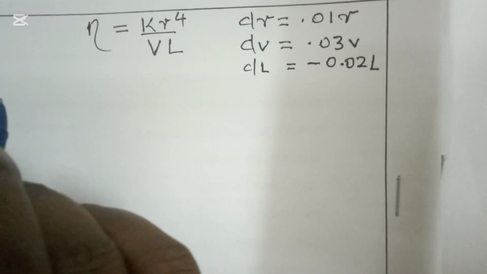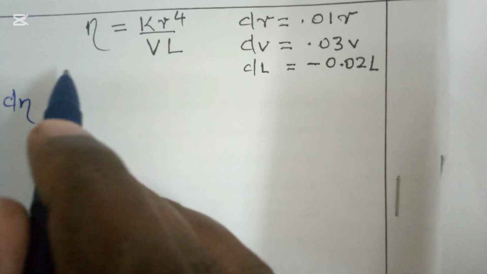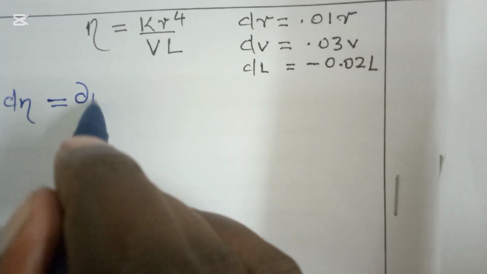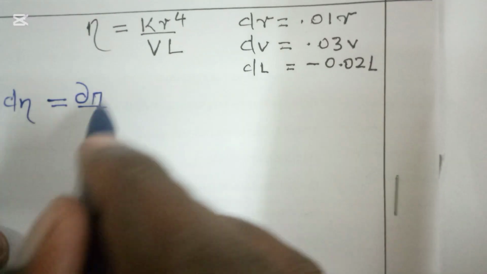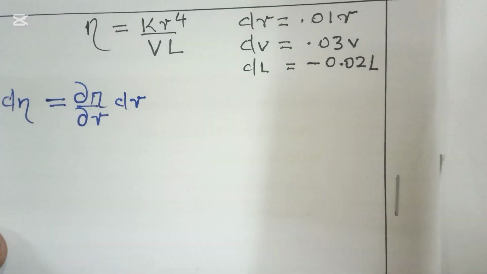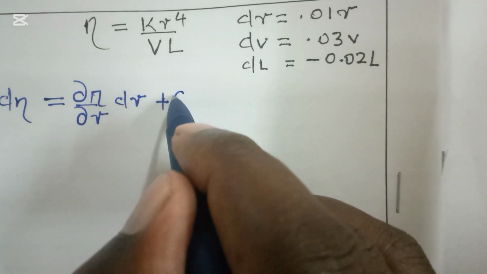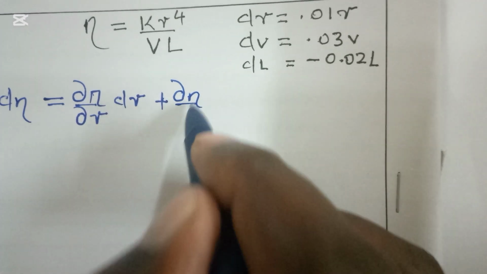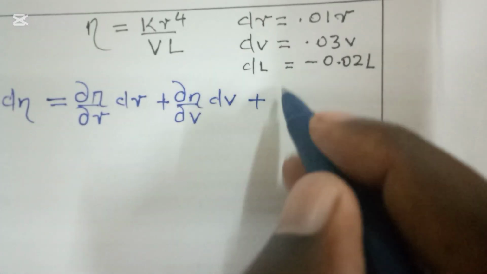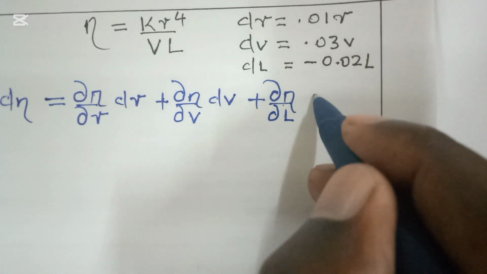It's going to be d eta, that is the change in eta, the increase or decrease, given by the partial differentiation of eta with respect first to r, multiplied by dr, plus the partial derivative of eta with respect to v, multiplied by dv, plus the partial derivative of eta with respect to L, multiplied by dL.